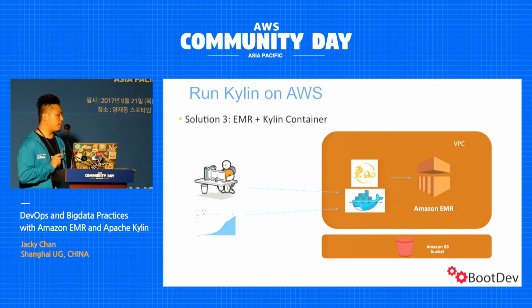And okay, the third solution for our clients is that we launch the whole thing with EMR and a Kylin container. The beautiful part of a container is that after you build your image, you can just run the whole thing on a new system with simple configuration.